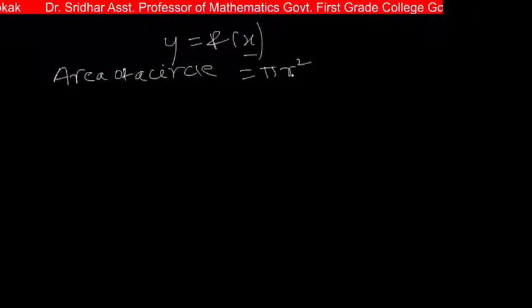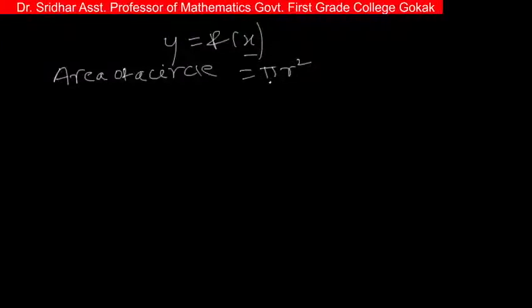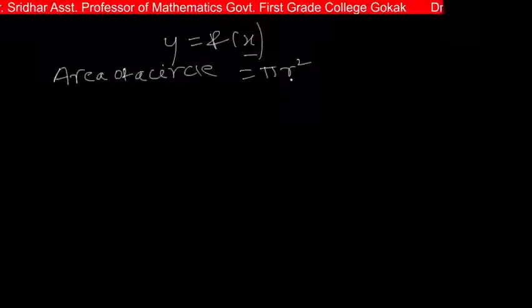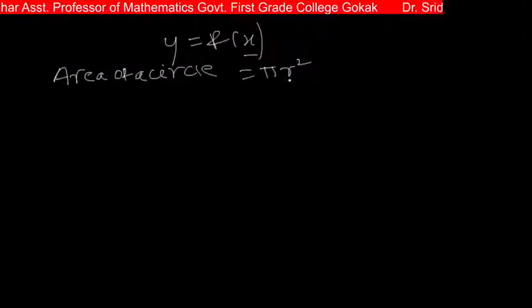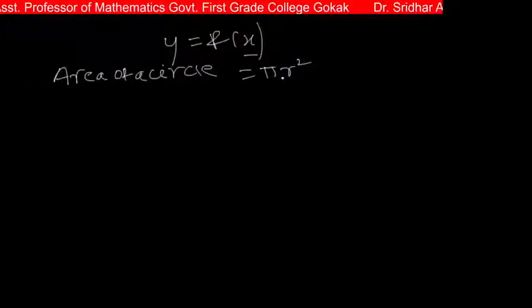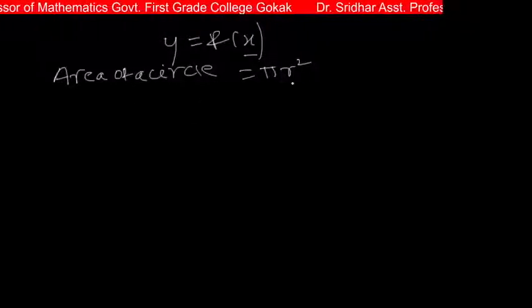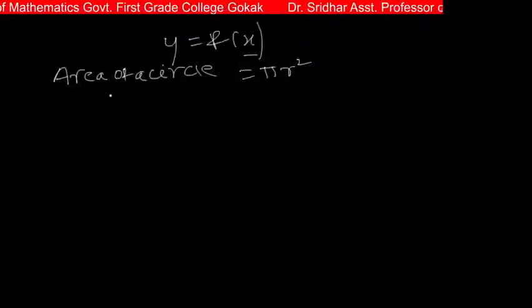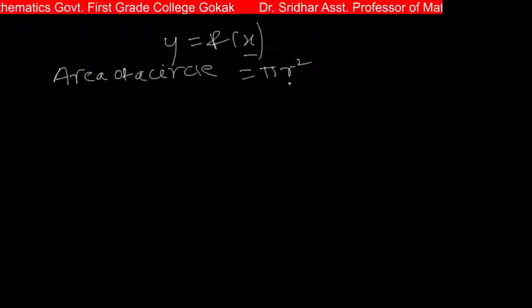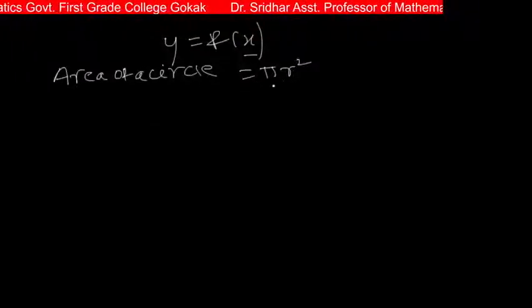Here r is the only variable. r is the radius. If you know the radius, then you can find the area of the circle. So the area of a circle is a function of only one variable.